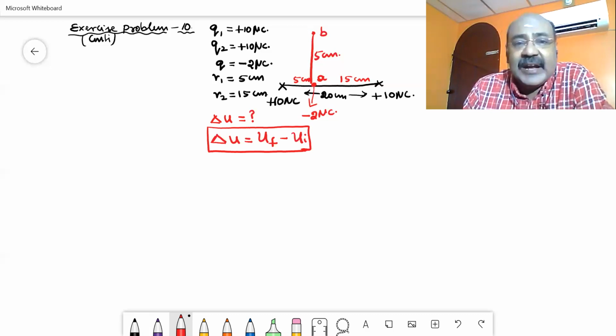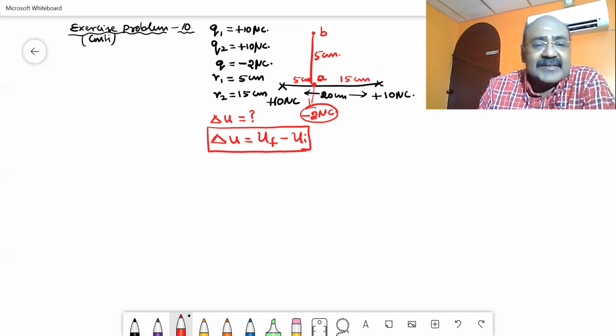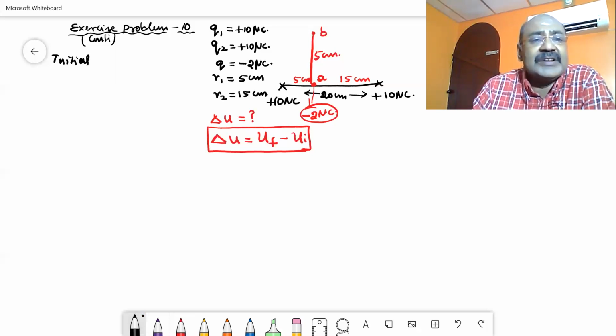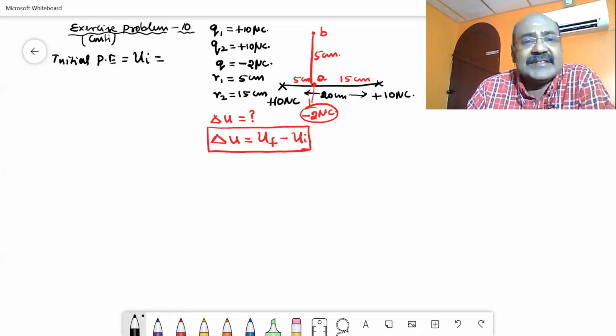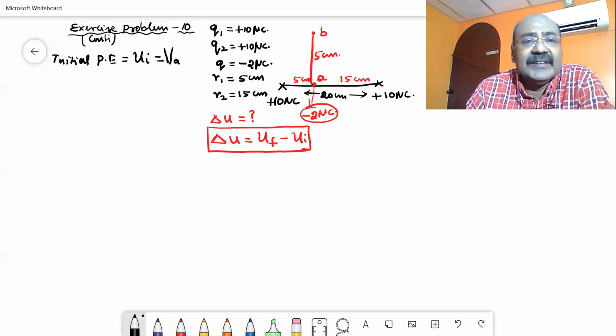See, initial potential energy. Initially, the charge minus 2 microcoulomb is at the position A. So I am writing like this. The initial potential energy U_i is equal to the total potential at A, which I am taking as V_A, multiplied with the charge moved.